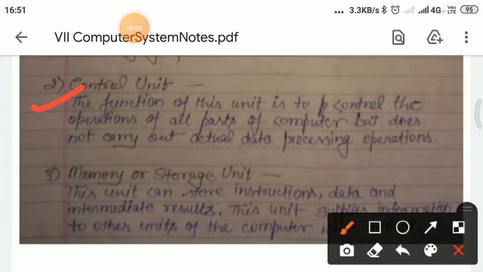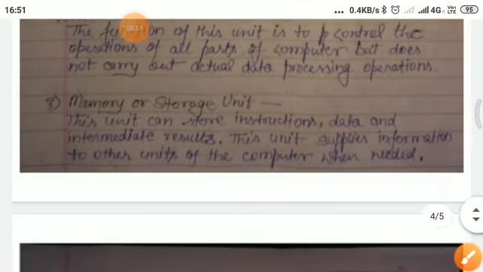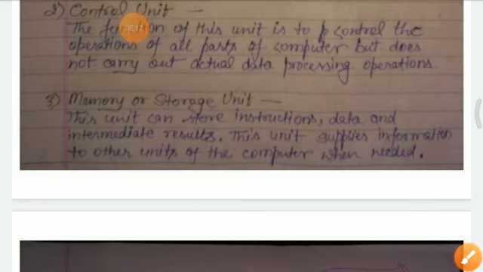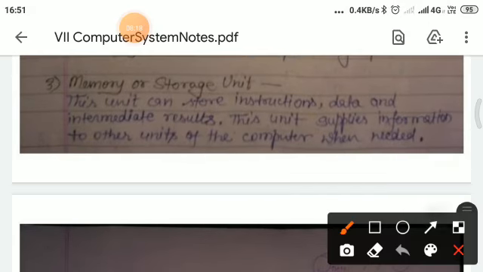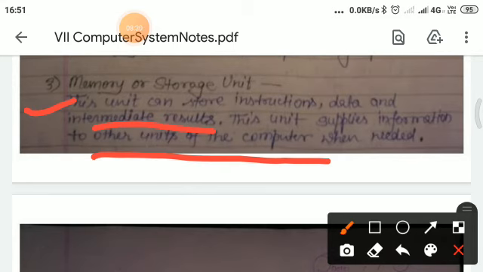The function of this unit is to control the operations of all parts of the computer but does not carry out the actual data processing operations. And next is memory or storage unit. This unit can store the instructions, data, and intermediate results. This unit supplies information to other units of the computer when needed.